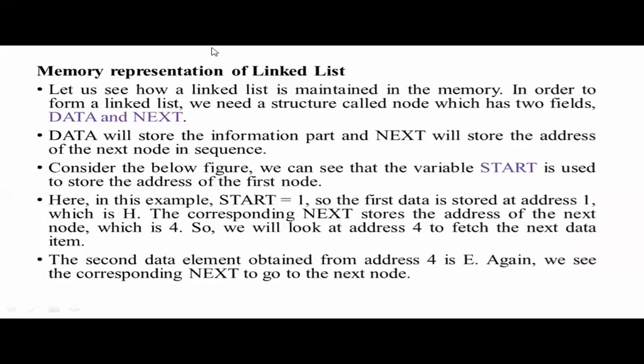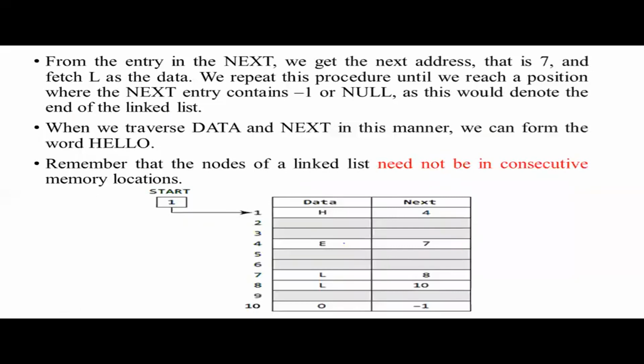How is the linked list represented in memory? This is our next topic. See, this is an example. In this example, I have stored the word hello. This word hello is stored using a linked list data structure.